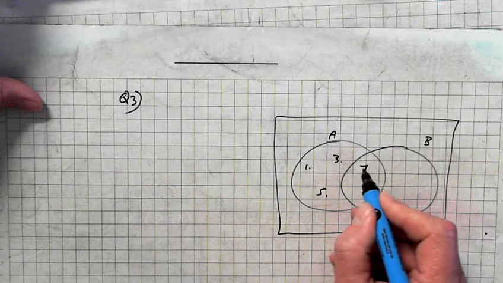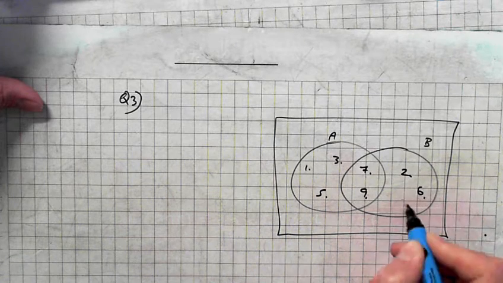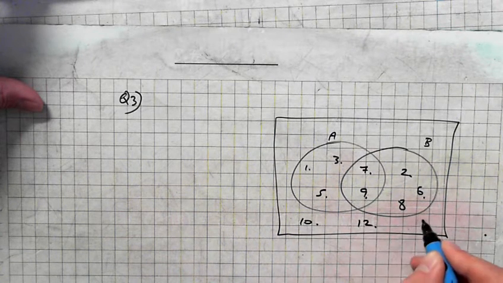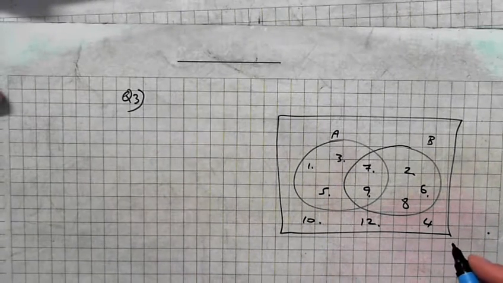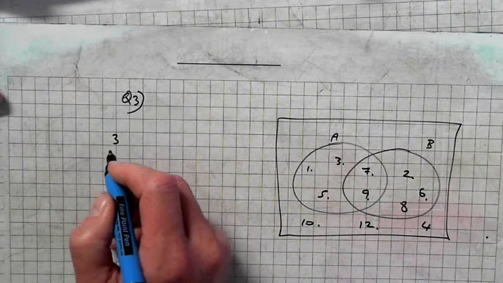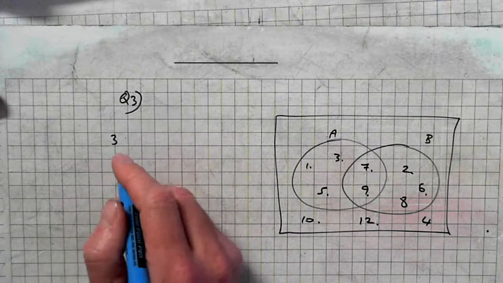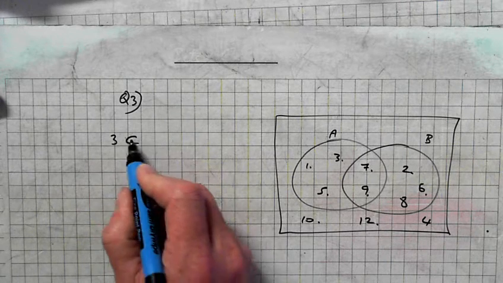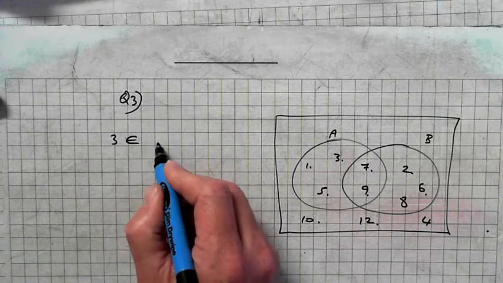Can everybody see the numbers at the back? 9, 2, 6, 8, 10, 12. 4 is on the outside. Alright. So, the question here is, watch. Is 3 an element of, is 3 a part of the list?